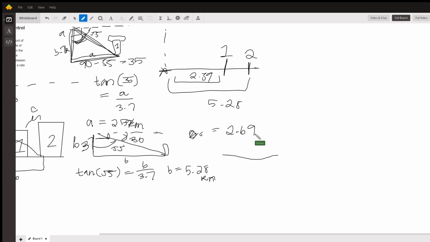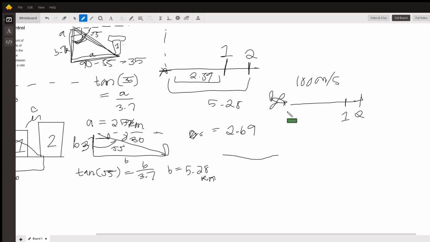And so then when we look at the last question, we have the plane here. This is a really silly looking plane. But we want to know how long it'll take to get to tower 1 and to tower 2. It's going in meters per second.